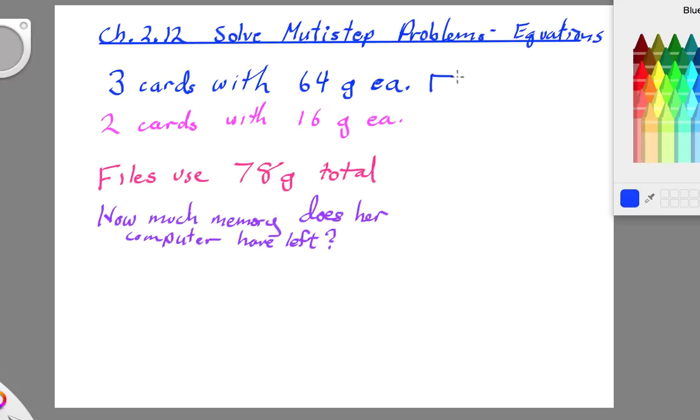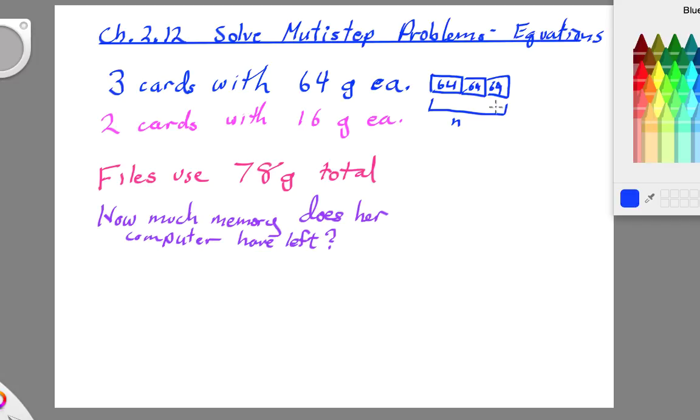So we could think of this as there's 1, 2, 3 cards, each with 64 on it, 64 gigabytes. That's her memory. So this total is the part we don't know. It's an n.